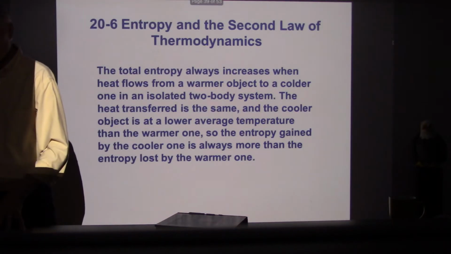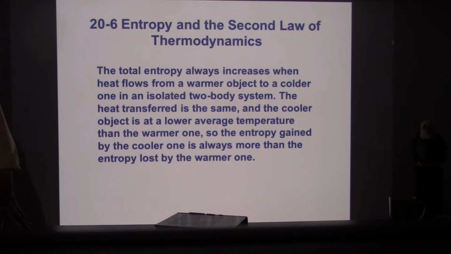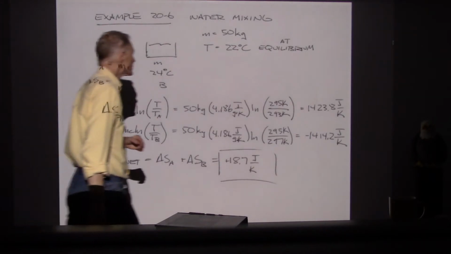So the entropy goes up very modestly, and that's because the temperature started out so similar with the original samples. Okay, the total entropy always increases where the heat flow is from a warmer object to a colder object in an isolated two-body system. Yeah, it's basically saying what we saw in that formula. The entropy decrease on the side that started out at the higher temperature will always be less.